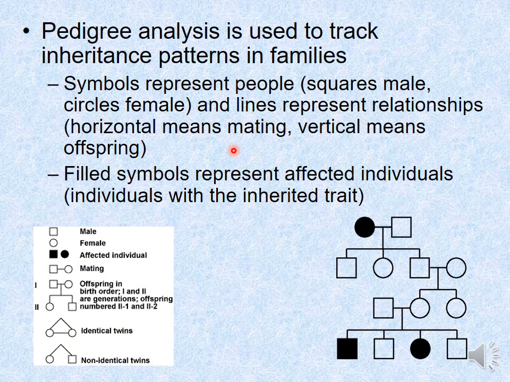Symbols represent people, and squares are going to equal males. Circles are going to equal females. I do not know of a symbol that's the combination of the two. I am sure that there is something out there, but I guess they're just trying to be more simplistic with this and just show the males and females.